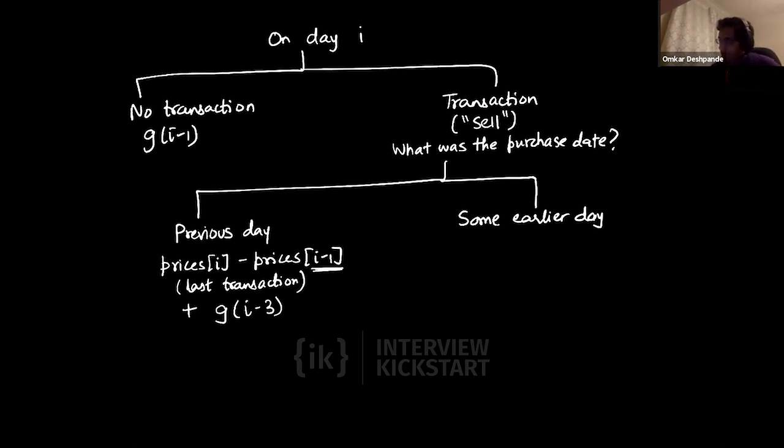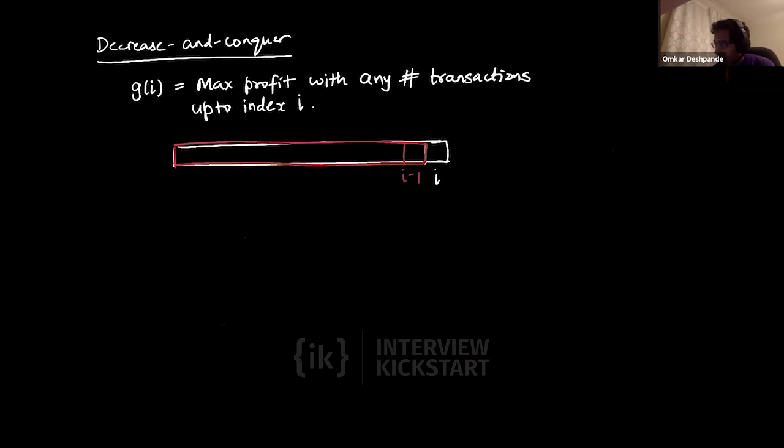And if the purchase happened on some earlier day, what's the best possible transaction from an earlier day that can end on my day? Well, any best possible transaction here, by the same argument, would have a prefix that's also a best possible transaction ending on day I minus 1.